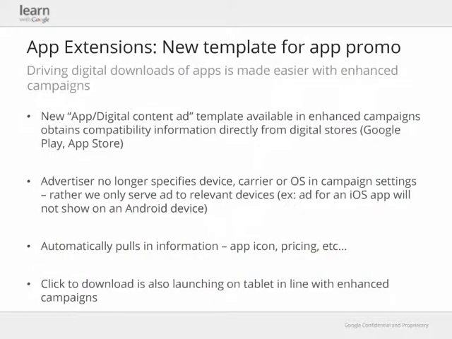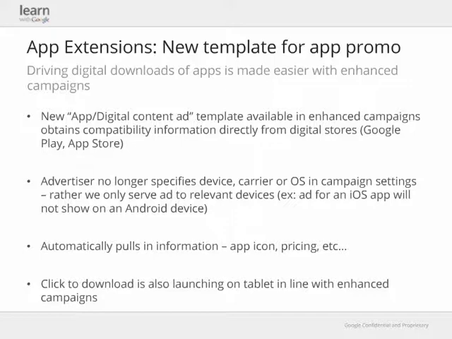Okay, app extensions, new template for app promos. Driving digital downloads of apps is made easier with enhanced campaigns. So the four things I want to call out here is new app digital content ad template available in enhanced campaigns, obtains compatibility information directly from digital stores.